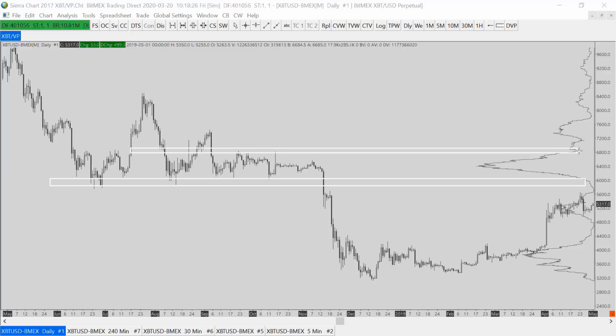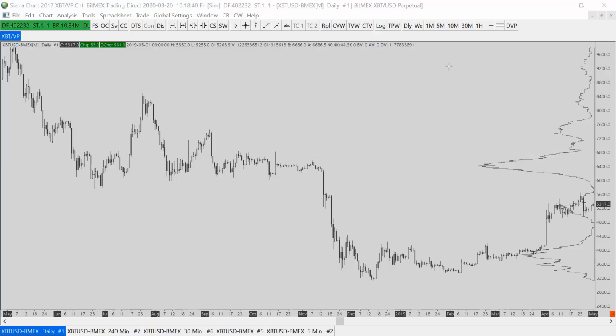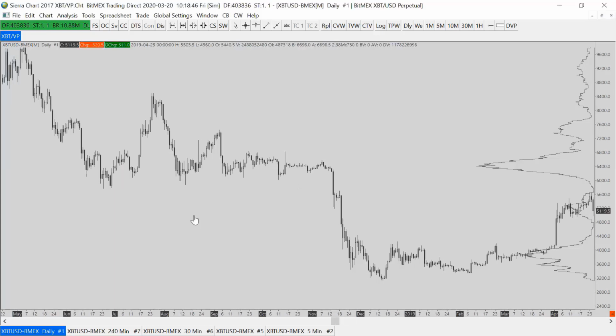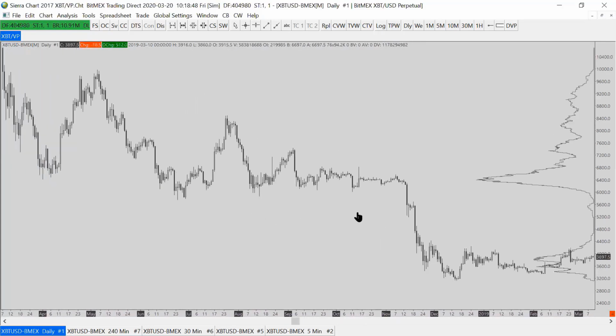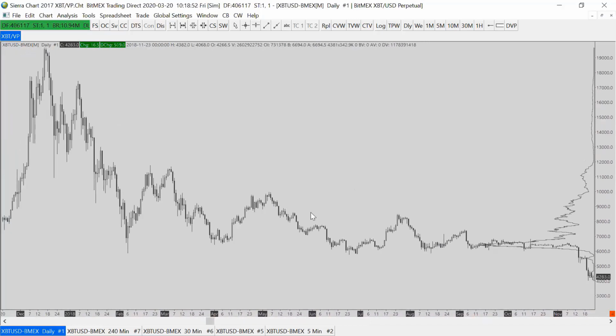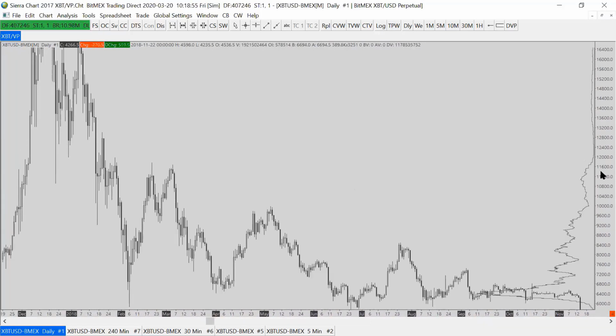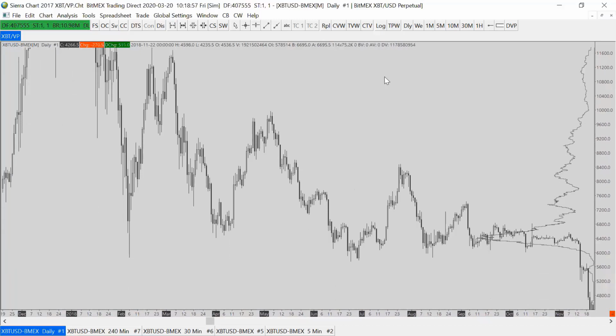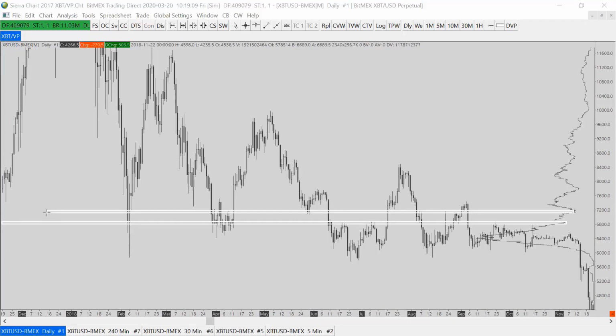So the profile, or a composite profile like this, is a really good tool for objectively finding and marking out levels without having to think too much. So let's see, just for example, if I just go ahead and mark out all of these low volume nodes here, something like that.